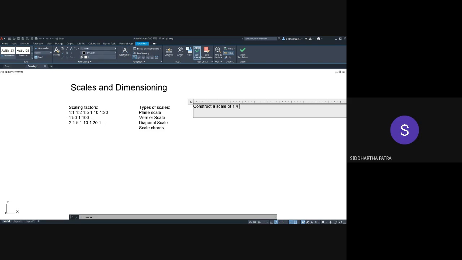Then what we should do is show centimeters, and long enough to measure 5 decimeters.